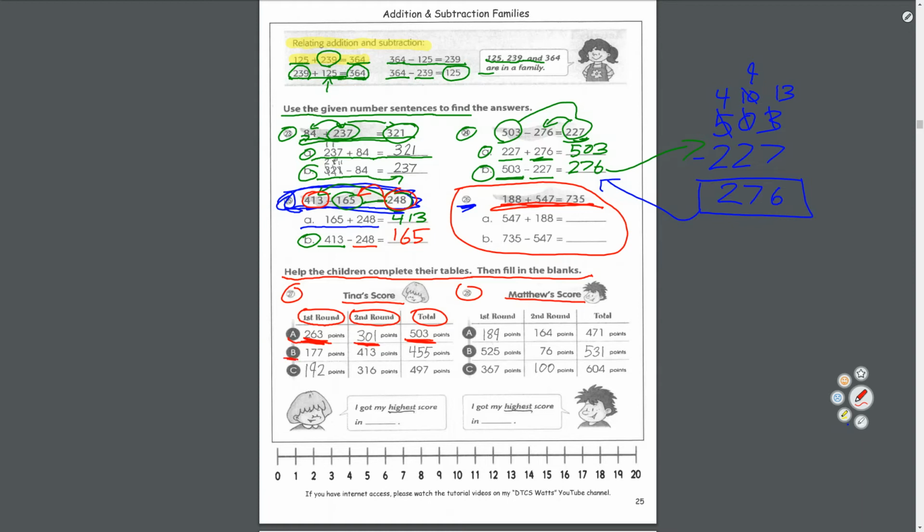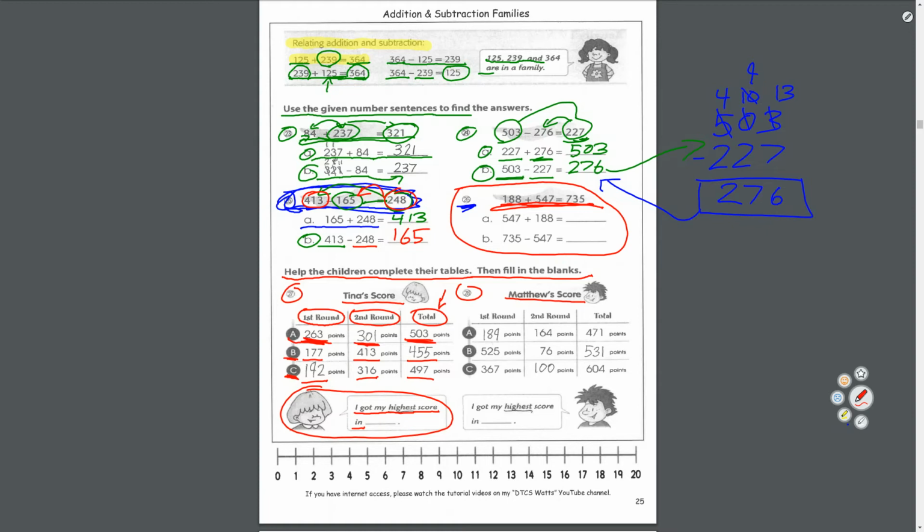And then game B, first round 177, second round 413, total points 455. And game C, first round 192, second 316, total 497. And what she's asking down here, what she's saying is, I got my highest score in, so it's about the total.